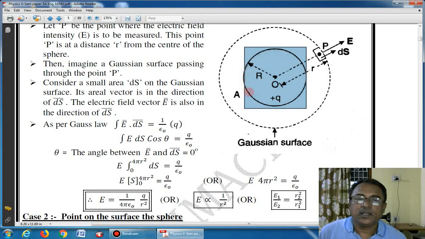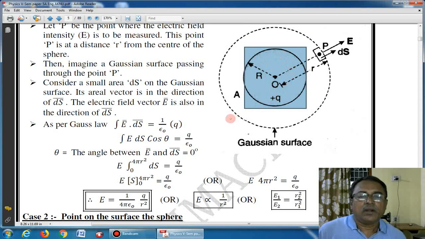Since this is a non-conducting sphere, the charge given to this sphere is evenly distributed throughout the sphere like this. In order to avoid confusion in the figure, I have written just plus q here, the plus signs are not given here.